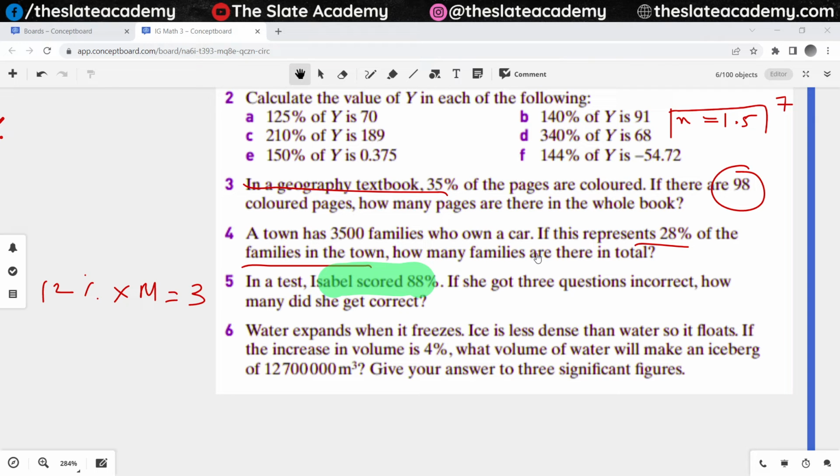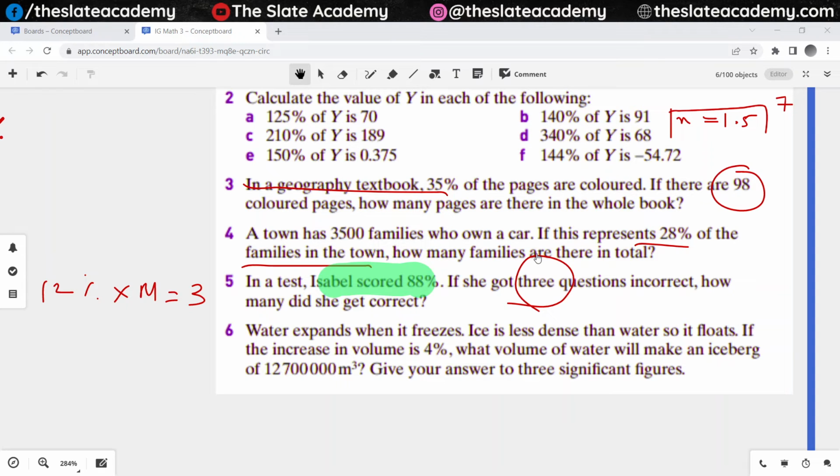She got 12% wrong, right? Because she scored 88%. If she scored 88%, that means she got 12% of questions wrong. And the questions she got incorrect are 3. So 12% of total marks, or 12% of total questions, is 3. Sanam, do you get it?